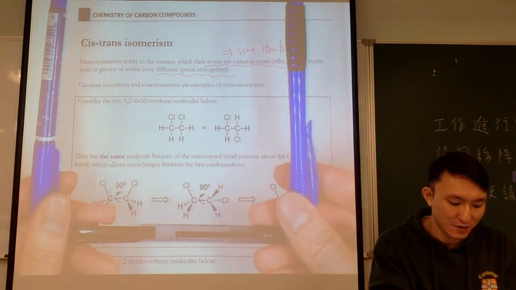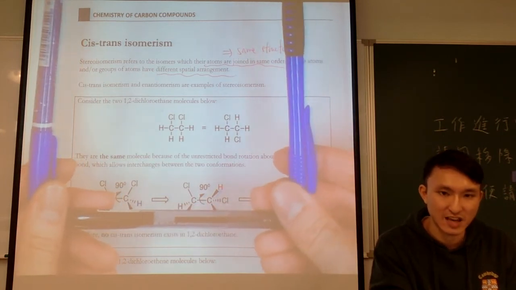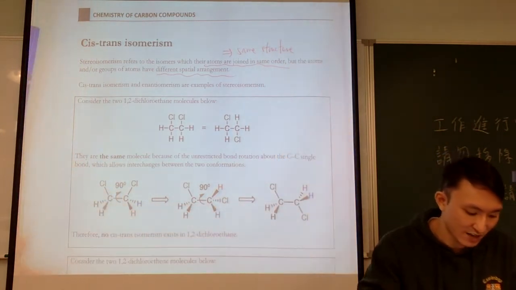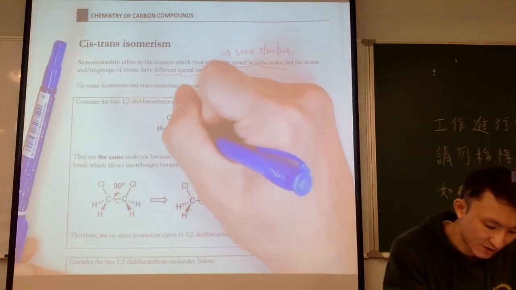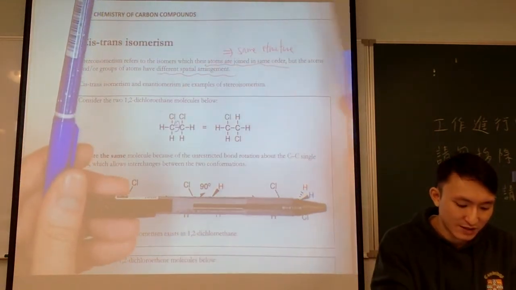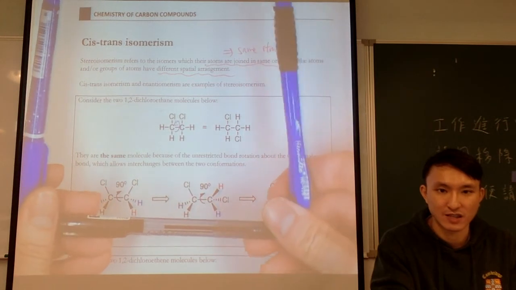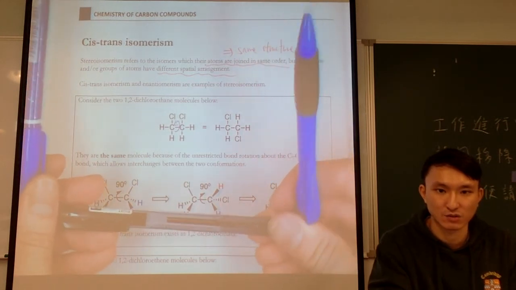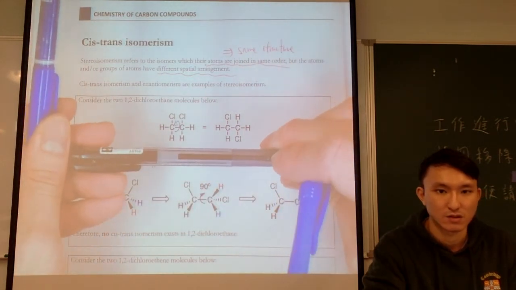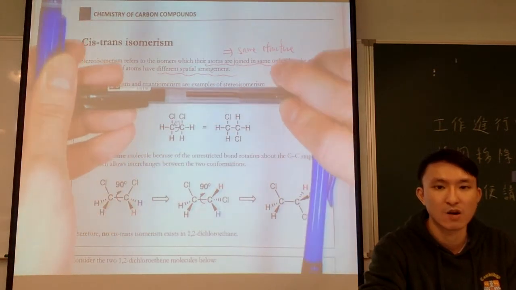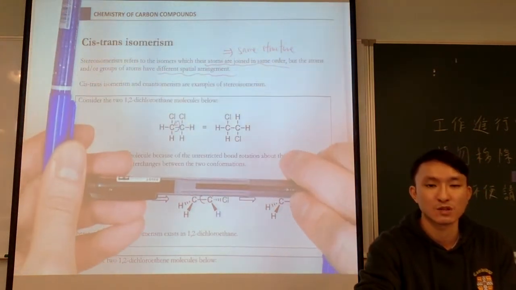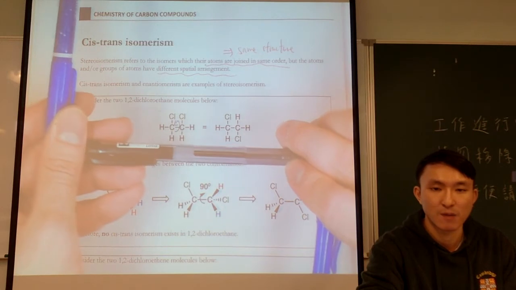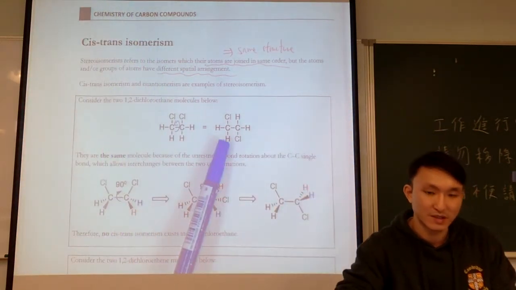Now the thing is, the C-C single bond can rotate. We can have a rotation here. Okay? So look at it carefully. You see the rotation. Now this one with two chlorine atoms pointing in opposite directions would be this one.